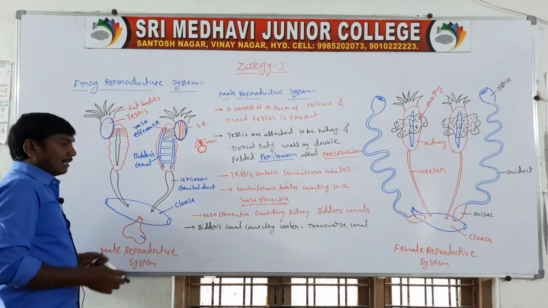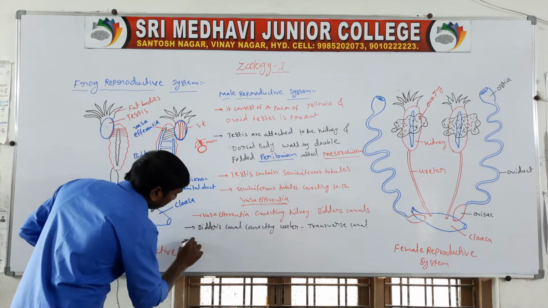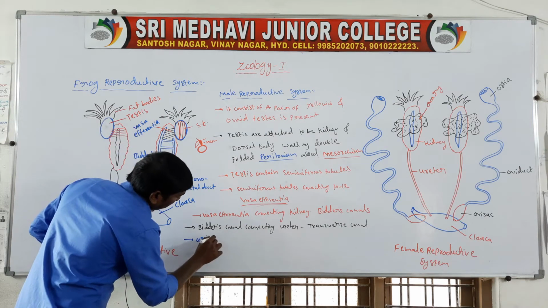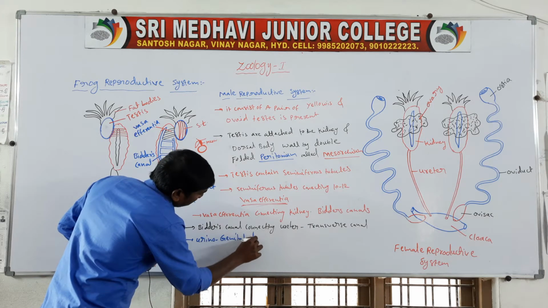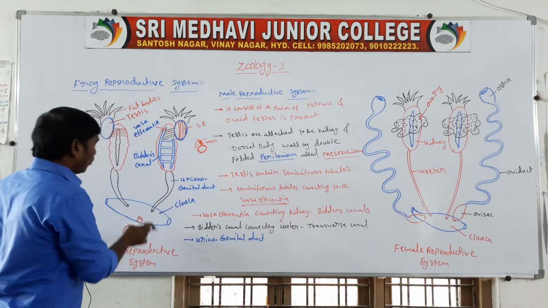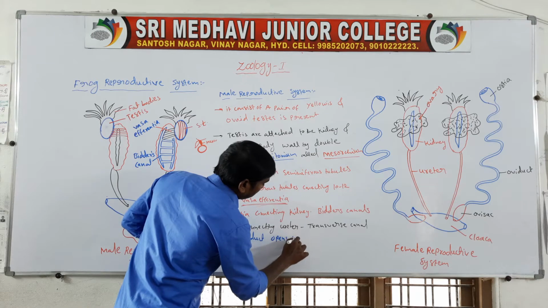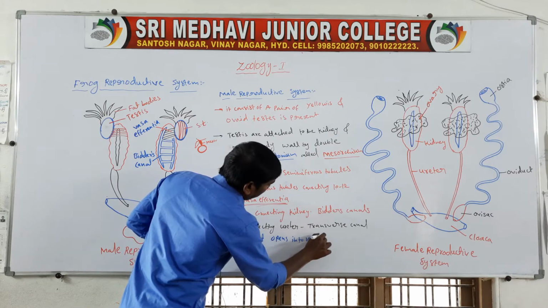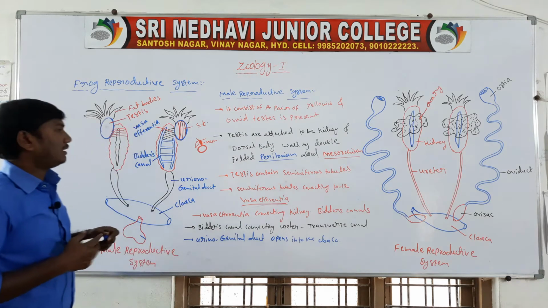The ureter is also called the urinogenital duct. This urinogenital duct opens into the cloaca.